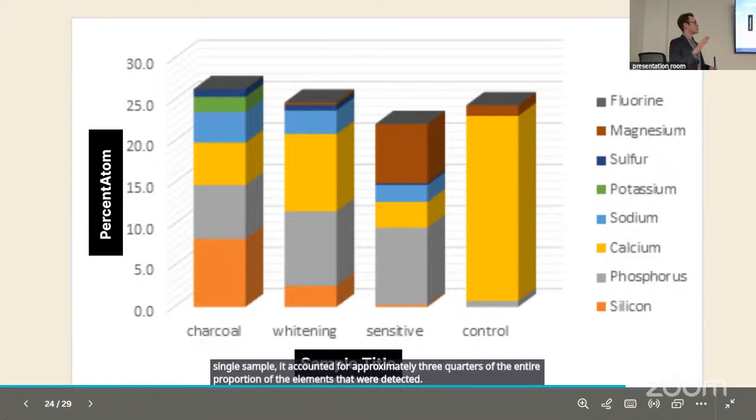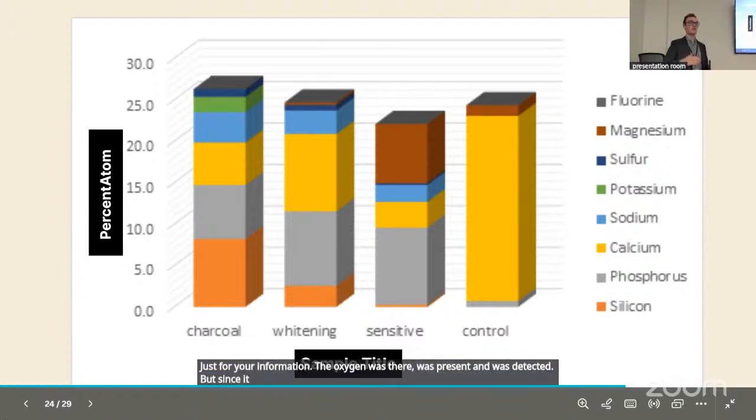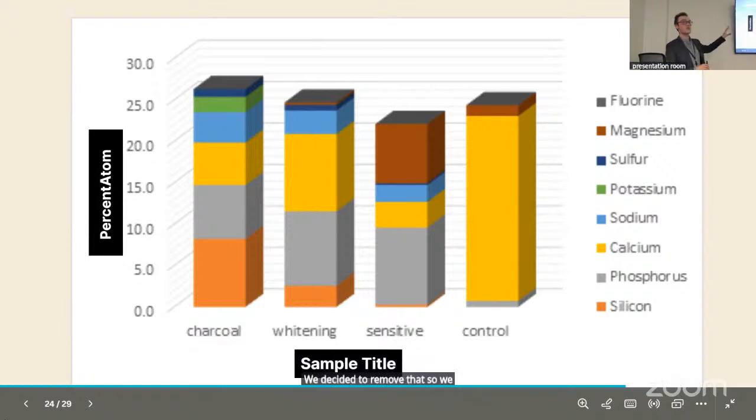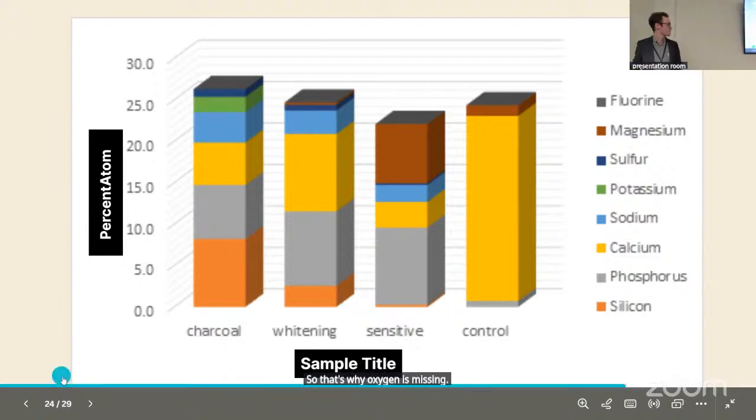So just for your information, the oxygen was present and was detected, but since it was such a high proportion and we're not absolutely sure where the readings were coming from, we decided to remove that so we can get a better idea of the proportions of the other elements in respect to each other. So that's why oxygen is missing. Thank you. We'll move on from there.